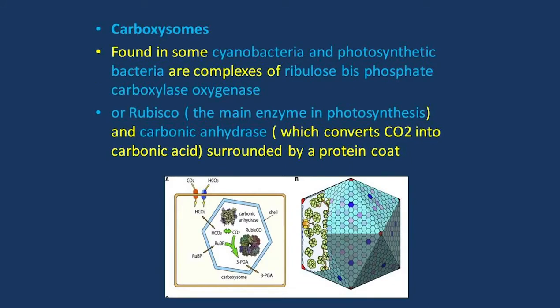Carboxysomes, which are found in cyanobacteria and photosynthetic bacteria, are complexes of the enzyme Rubisco, ribulose bisphosphate carboxylase oxygenase, which is the main enzyme in photosynthesis, and another enzyme called carbonic anhydrase, which converts carbon dioxide into carbonic acid. It is surrounded by a protein coat. This structure is called a carboxysome.